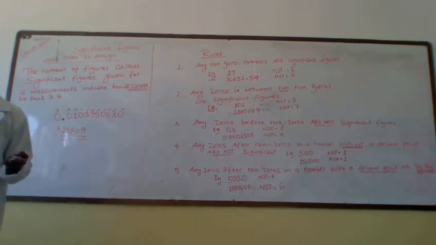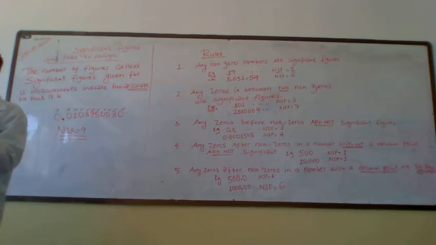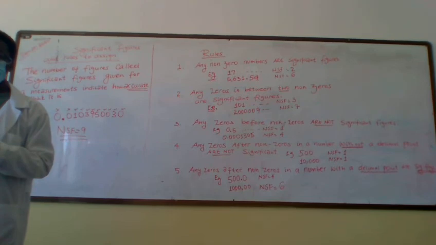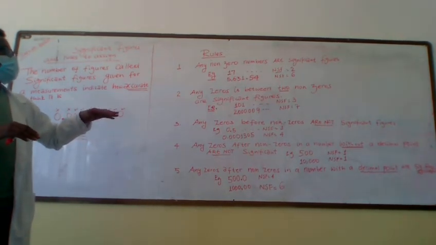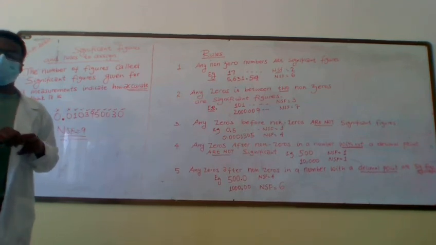Or when you are measuring the volume of something, you have some digits coming, so in that case we have to use those significant figures. And when you are rounding a number to a specific number of significant figures, maybe 3 or 5, you have to know how to round. But at this time, make sure to know how to assign the number of significant figures.